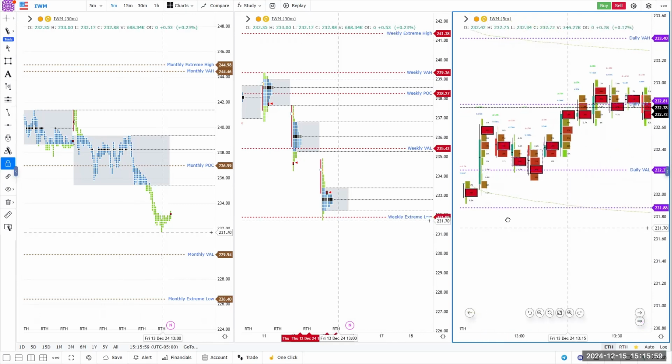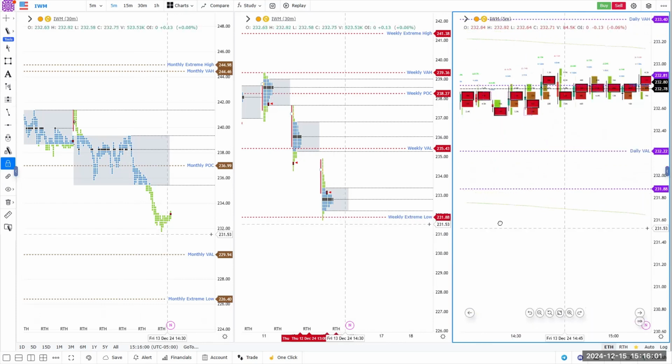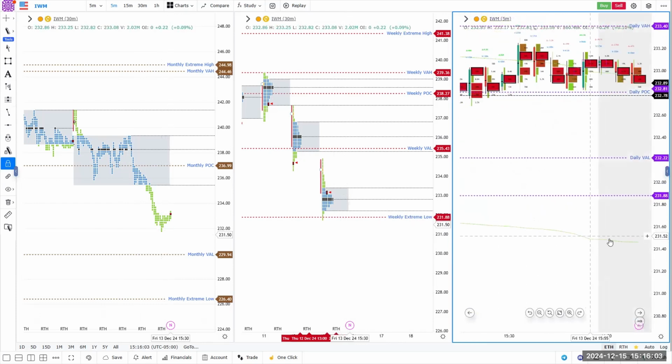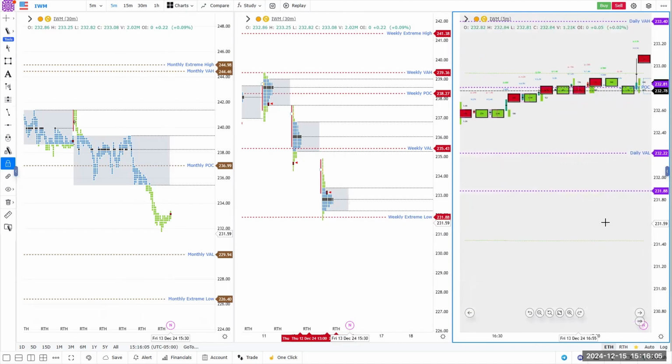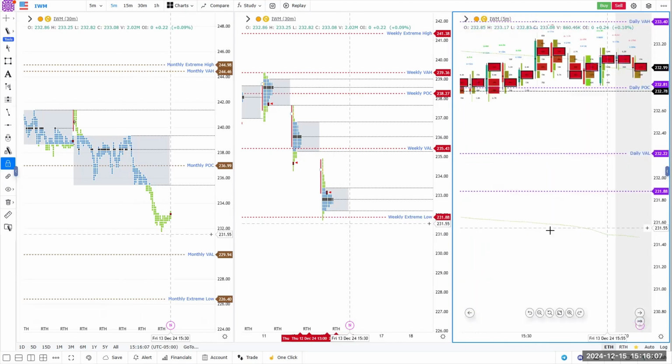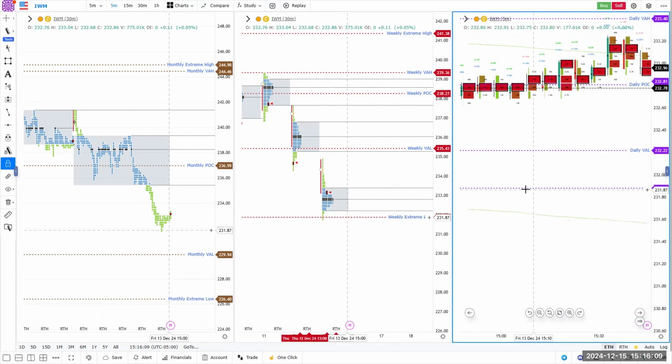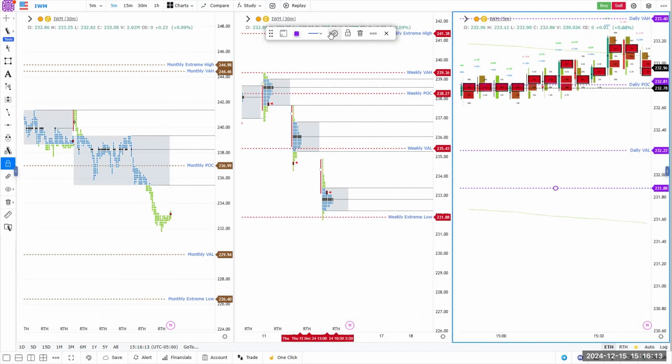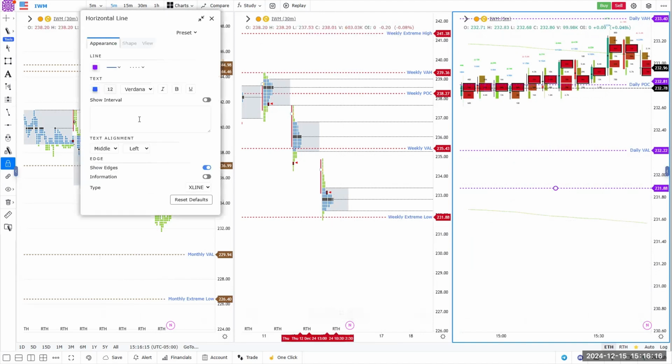Let's see if there's anything lower than that. Getting close to the end of the day, and I think that may be it. Yep, because we're out in post market now. So this is the extreme low of Friday, 231.88. I'm going to label that daily extreme low.